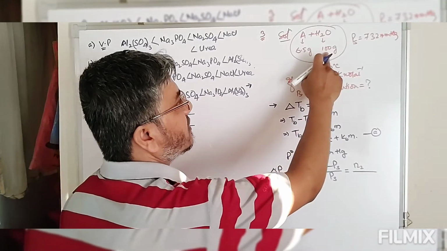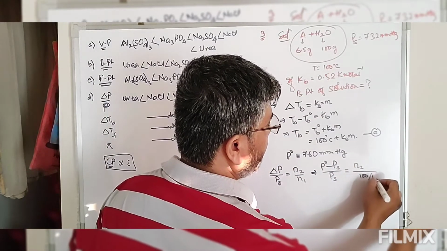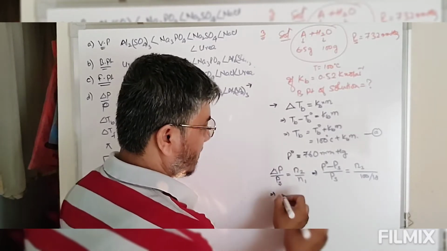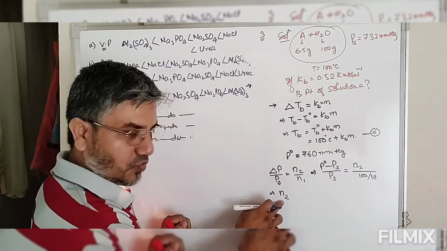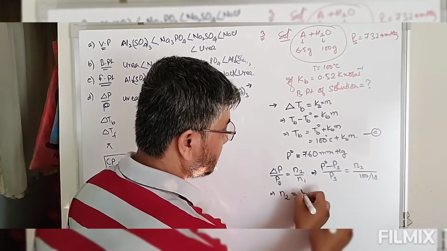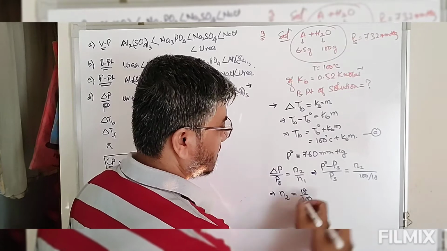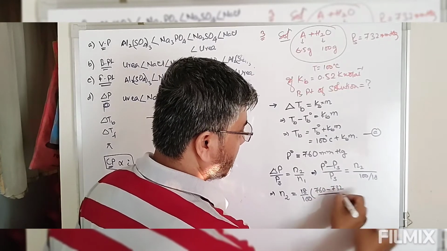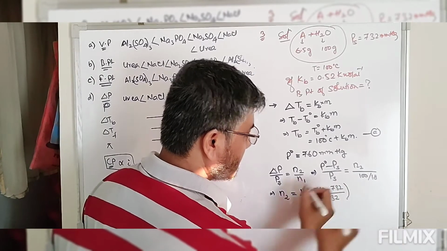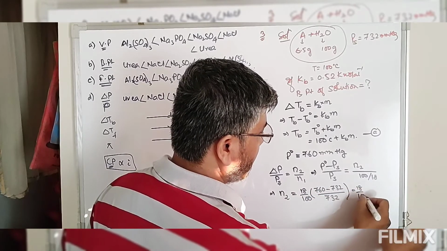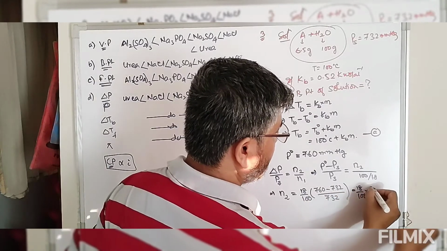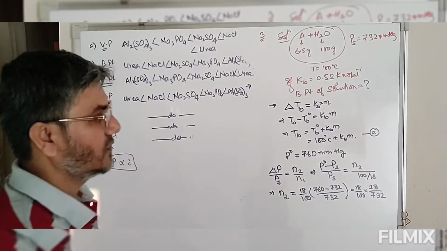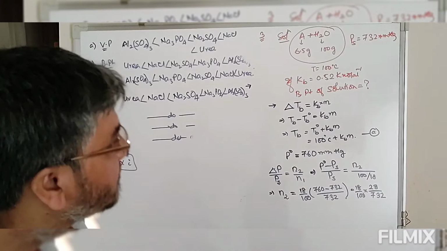So the number of moles of solute N2 is equal to 18 by 100 into P naught minus Ps, P naught is 760, Ps is 732, divided by 732, that is 18 divided by 100 into 28 divided by 732. So this is the number of moles of solute present in the solution.